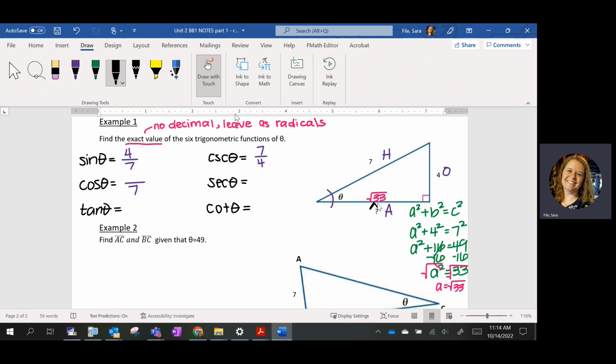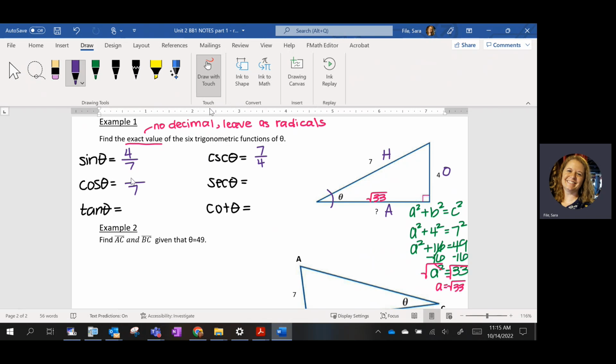You say, okay, what are the factors of 33? 3 and 11, right? And if you could break any of those down, you would keep doing it, and you looked for pairs that you could pull out of the radical. Well, 11 and 3 are both prime. I can't factor those anymore, and none of them have a pair, so nothing gets pulled out. This one does not reduce, so we just leave it as square root of 33.